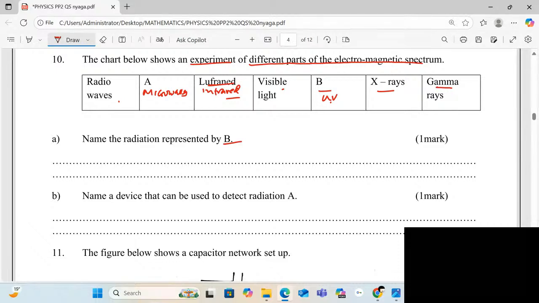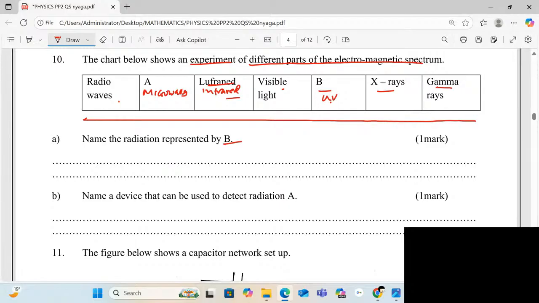But we have a point to note that from left towards the right, we have a decrease in wavelength. And a decrease in wavelength in this direction.